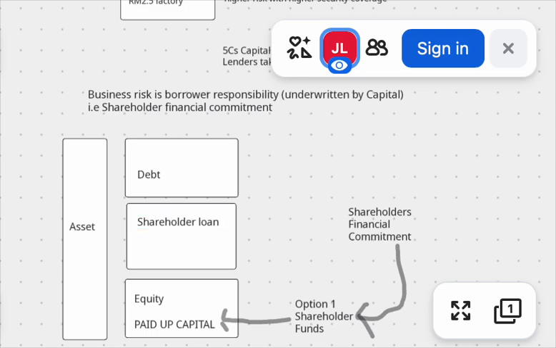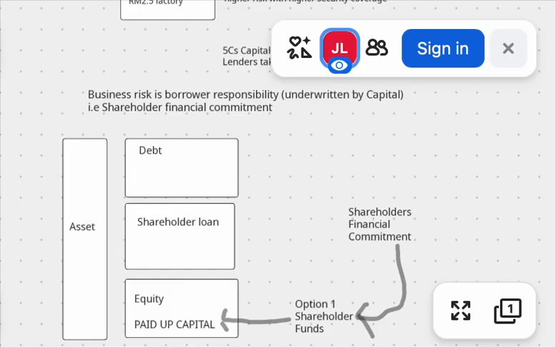Now, here, this is what we do. Paley, who should be paid back first? RHB Bank or shareholder loan? If the RHB was in the debt position. RHB? Correct.